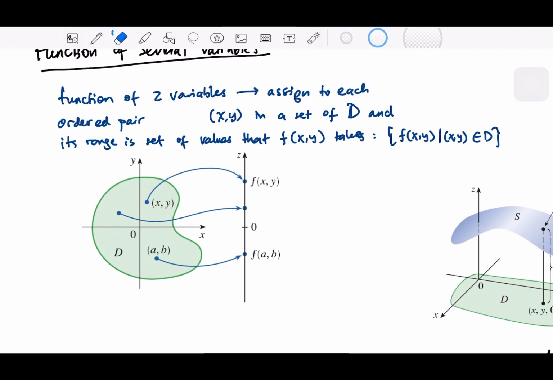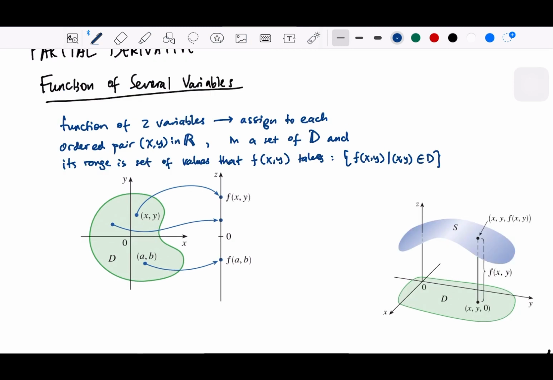Maybe better to write it like the pair (x, y) in D. Okay, let's continue. So this is an introduction, function of two variables.